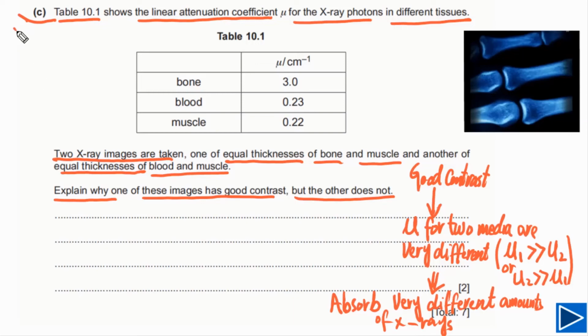Now let's discuss when we will get poor contrast. It is just the opposite. So let me write down poor contrast. It means the values of mu are very close to each other, mu1 is about equal to mu2. So the mu for two media are very close to each other.